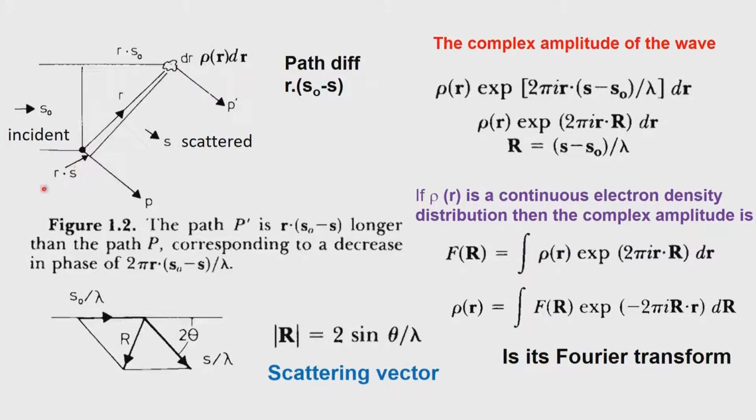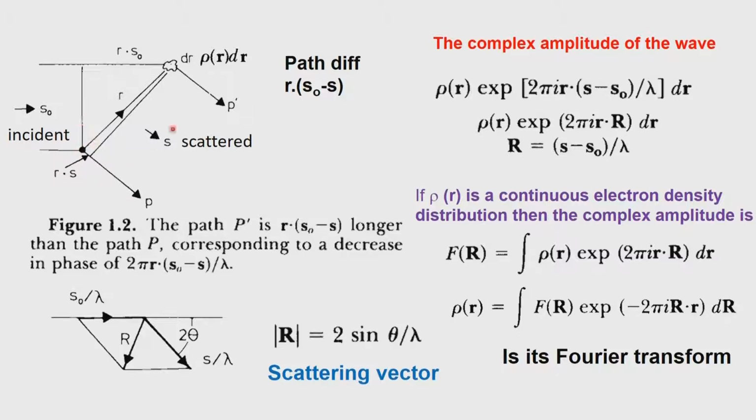So, that is r dot s and this is r dot s naught. The path difference therefore will be r dot s naught minus s. That is the additional distance which this wave, this line has travelled compared to this particular line.